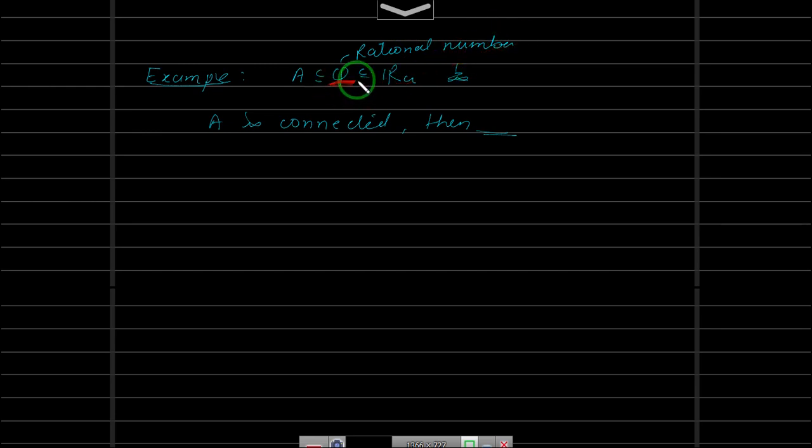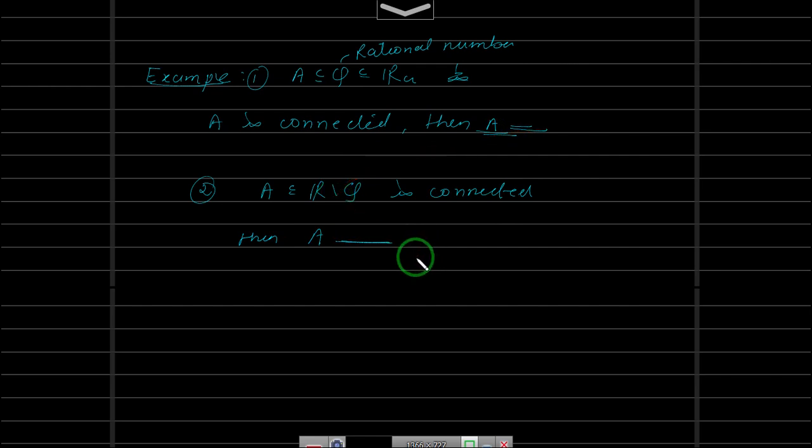Remember, we just now proved that the subsets of R which are connected are the intervals. So A has to be an interval, and of course again remember that A is a subset of Q, the set of rational numbers. So what can you say about A? And also if you take a subset A of R minus Q, that is irrational numbers, and it is connected, then what can you say about A?